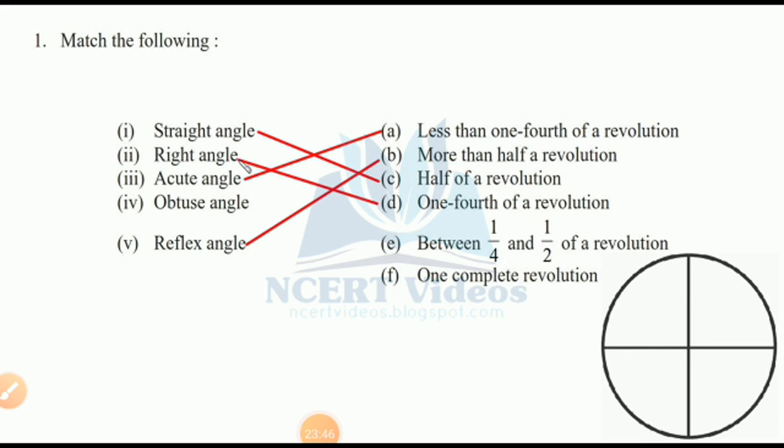Is it? Yes. And obtuse angle is between 1/4 and 1/2 of a revolution, bigger than 90 and smaller than 180. That means an obtuse angle. Is it?